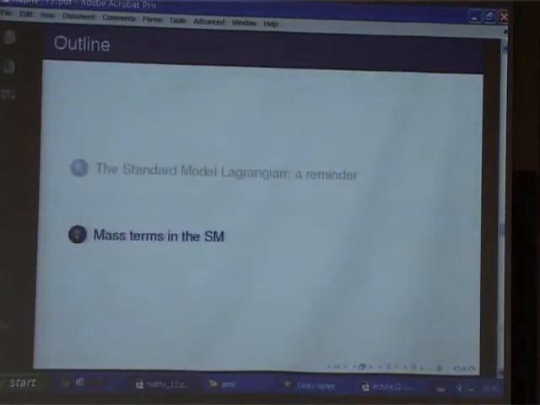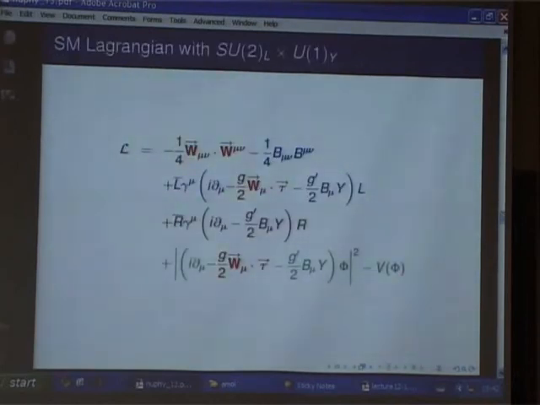So what we are going to do later on, we won't do it today, we will do it next time, is to see how we can add terms to this Lagrangian which can give masses to different particles. So right now, among all these particles, none of them have masses. The fermions are massless. L and R have no mass terms.